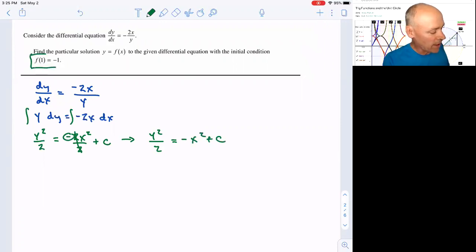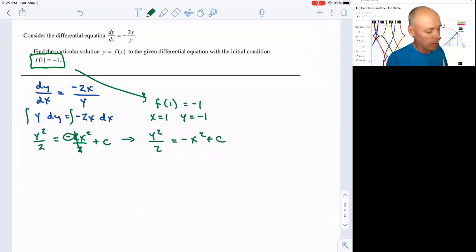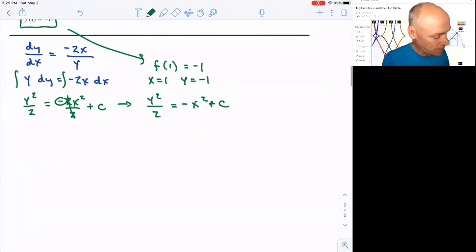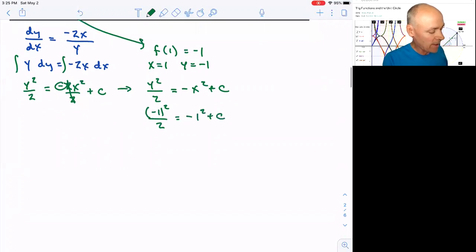And here's where I want to take my initial condition. I remind myself, f of 1 equals negative 1 means when x equals 1, y equals negative 1. So then I want to substitute those values into my equation. On the left side, negative 1 squared over 2 is equal to negative 1 squared plus c.